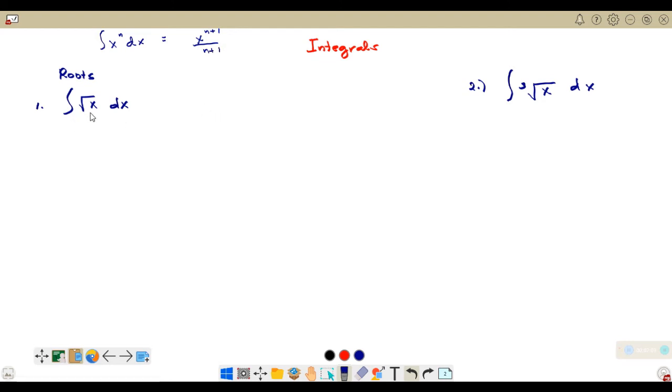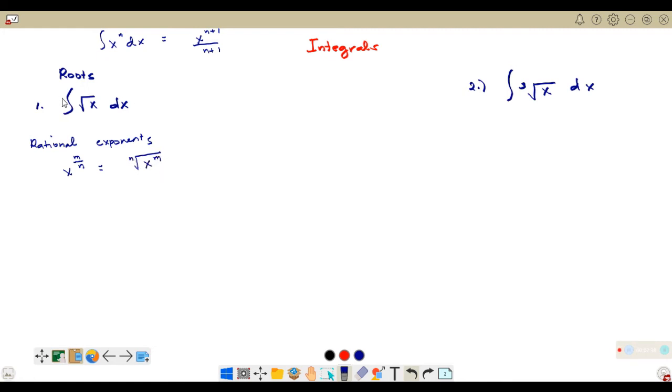If you remember, from rational exponents, if you have x raised to m over n such that n is not equal to 0, this is equal to the nth root of x raised to m.